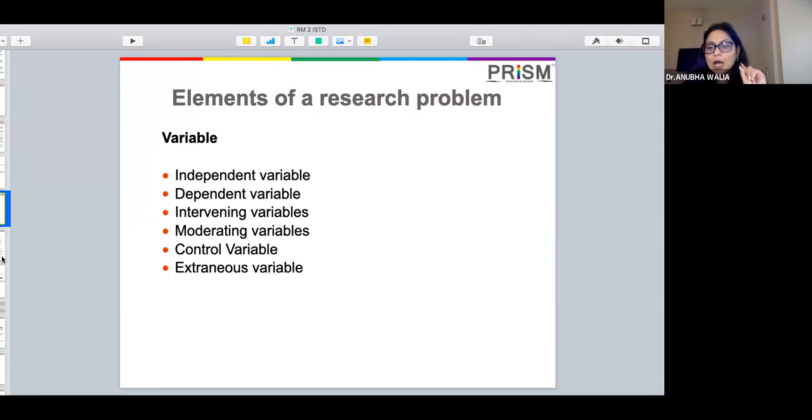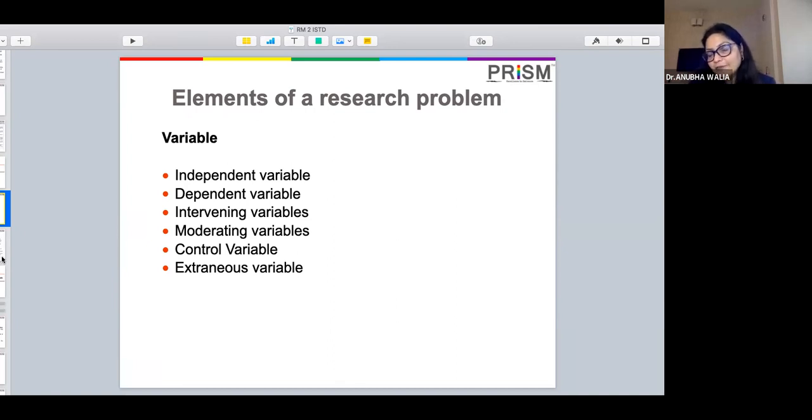For example, a test score could be a dependent variable because it could change depending on several factors, such as how much I studied, how much sleep I had the day prior, and whether I had proper food, because what you eat has a lot of relevance to your marks. So you end up making a relationship between the two things you're trying to find out: what makes the dependent variable change the way it does?